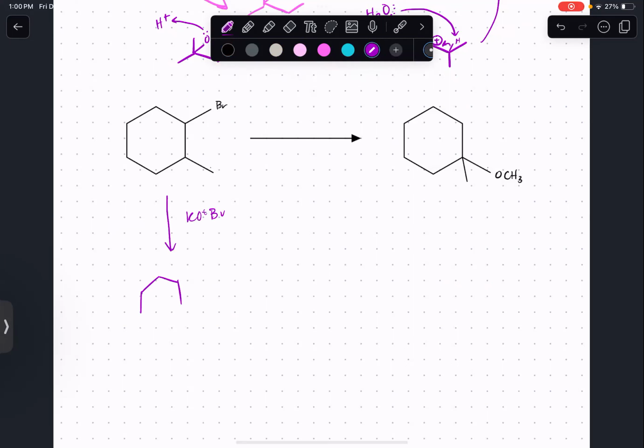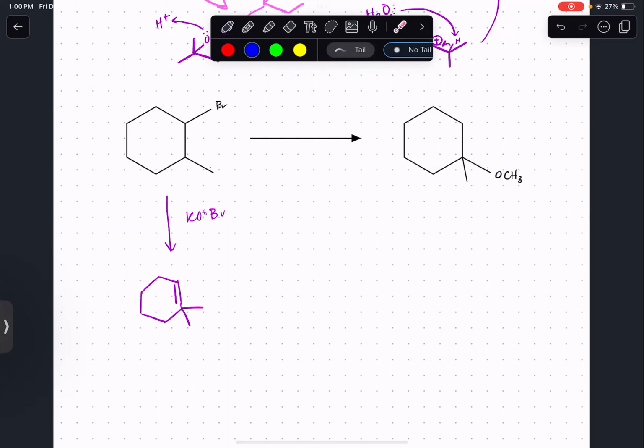But if I start this one and I decide that I want to form a double bond right here, just because it looks like I'm adding something on this carbon, right? We're adding this group here.